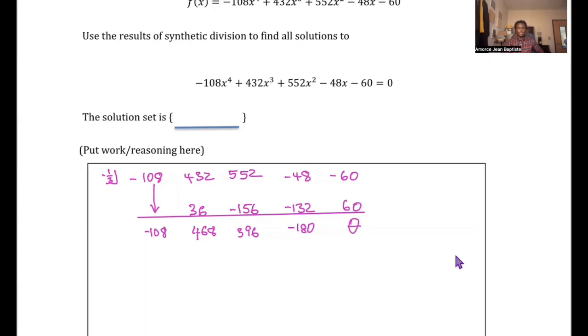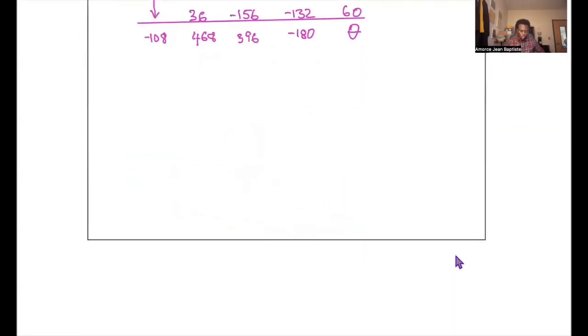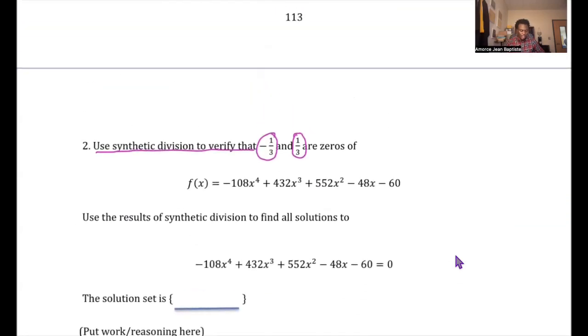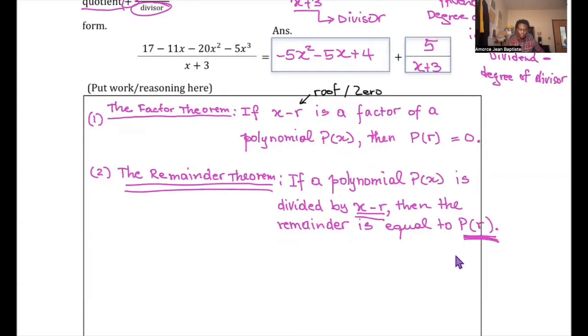Now this 0 that we get for the remainder ties to the theorem we know. It says that if you divide a polynomial by x minus r, here r being negative 1/3, and the remainder is 0, then p of r is 0.